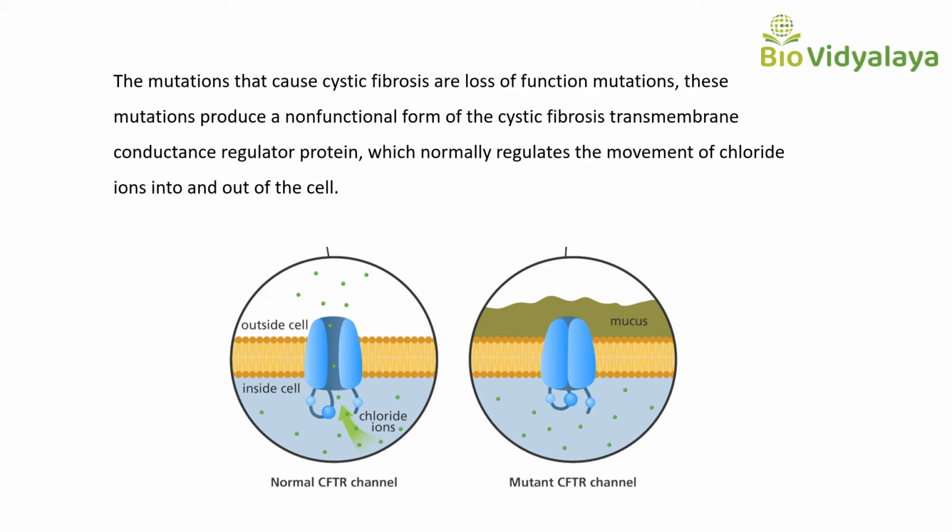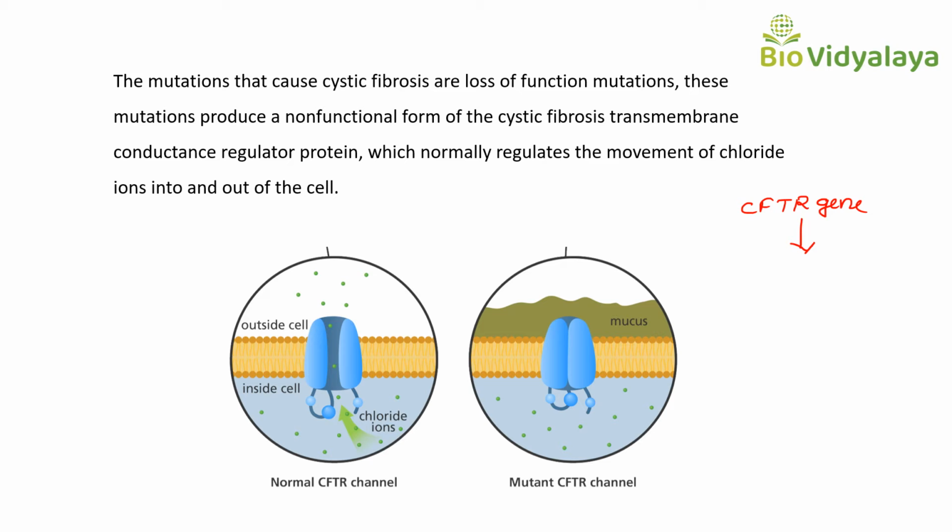So this cystic fibrosis is caused by the mutation in the cystic fibrosis transmembrane conductance regulator gene, or we can say CFTR gene, that is coding for cystic fibrosis transmembrane conductance regulator protein.